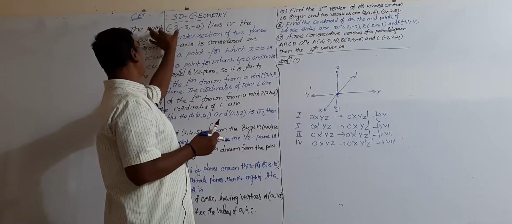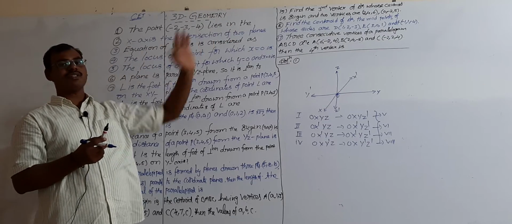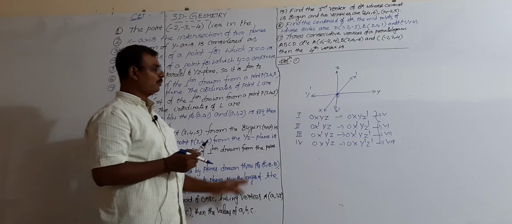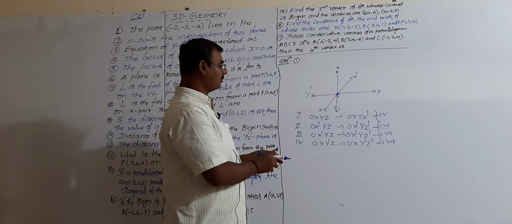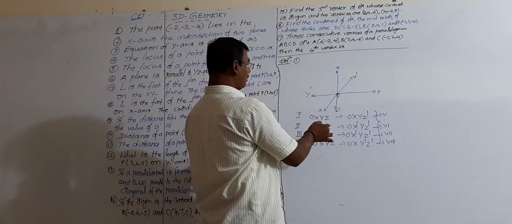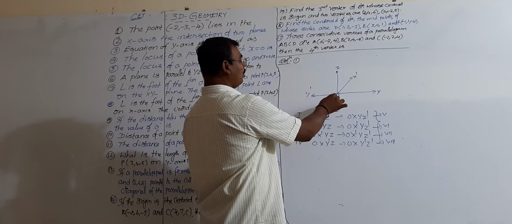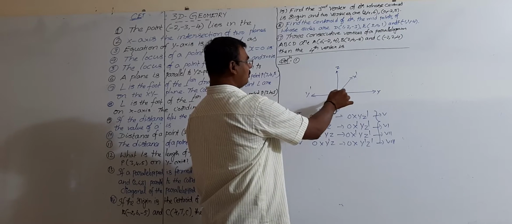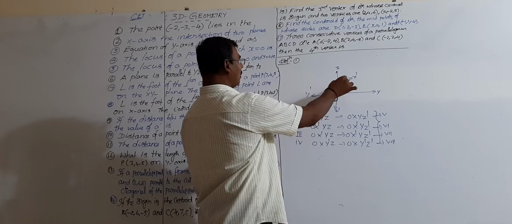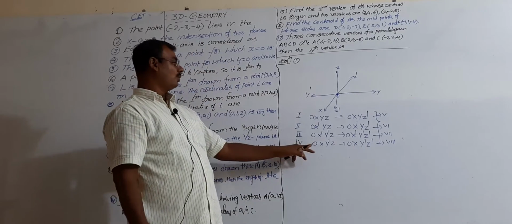Now, the question is, the point -2, -3, -4 lies in which octant? All should be negative. Observe that: first octant O x y z, second octant O x dash y z, third octant O x dash y dash z, fourth octant O x y dash z.